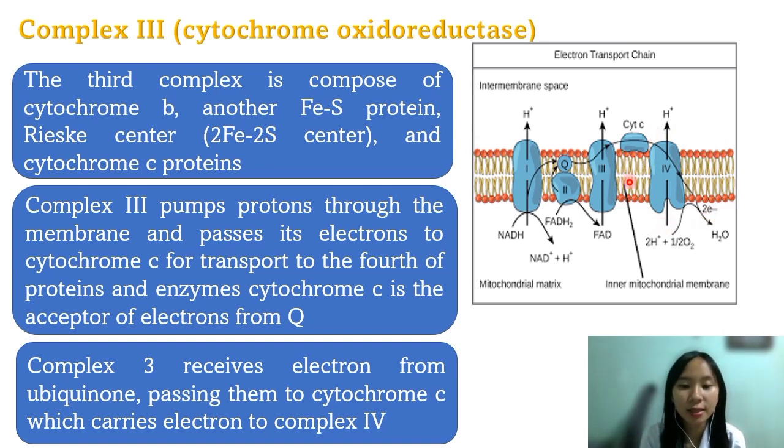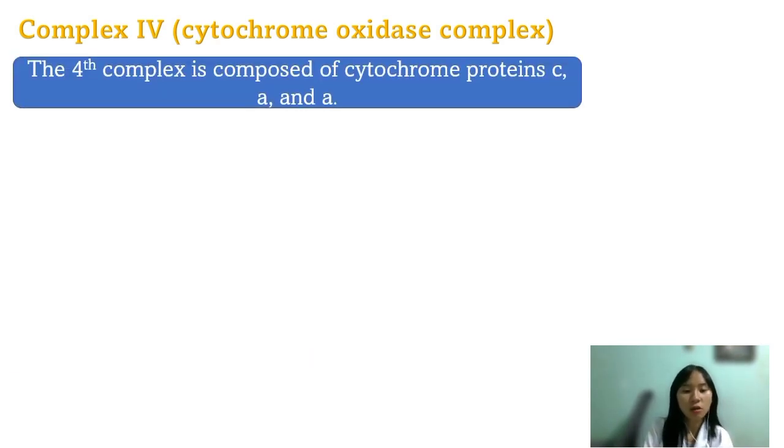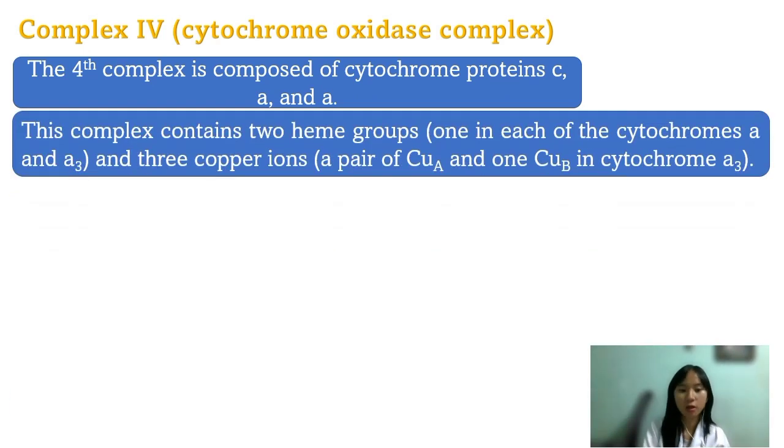Next, we will talk about complex 4. The last complex is complex 4, which is the cytochrome oxidase complex. The fourth complex is composed of cytochrome proteins a and a3.